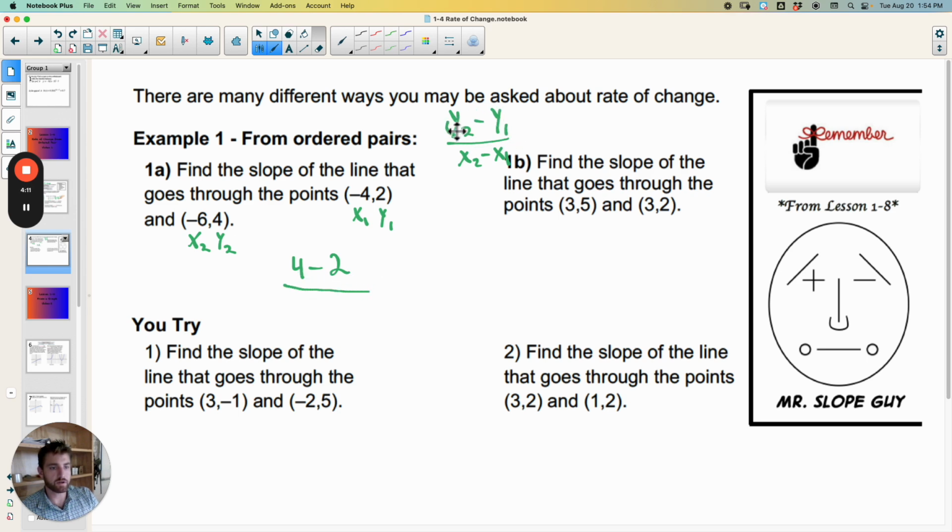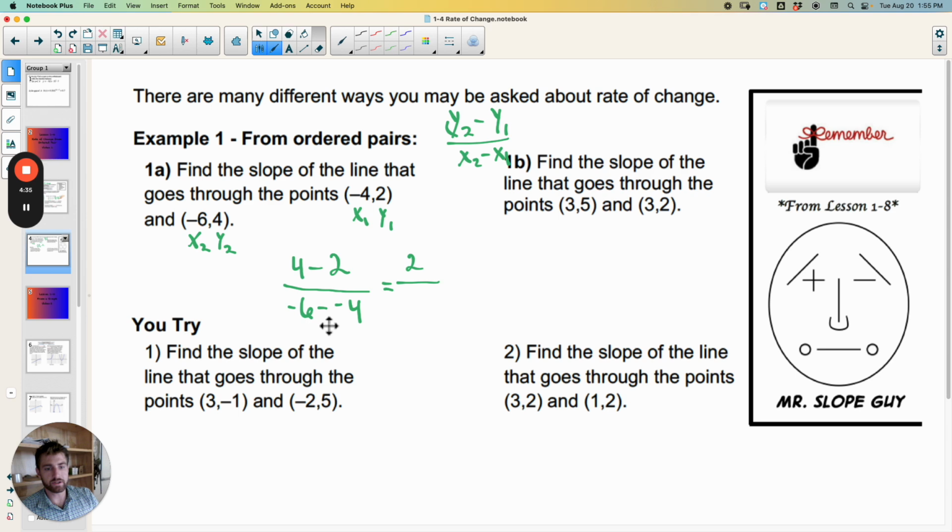So that's this part. And then x2 is -6, so -6, minus my x1 value is -4, so that's minus a -4. So notice I have two negatives here, and what's going to happen there is they are going to become positive. So let's go and do the math up top. So 4 minus 2 gives me 2.